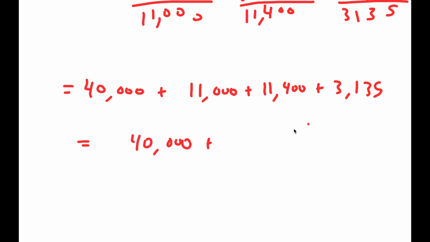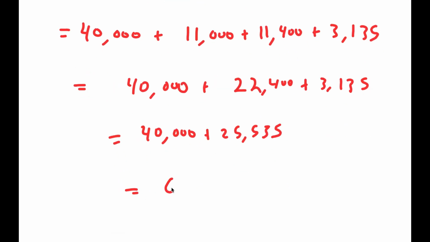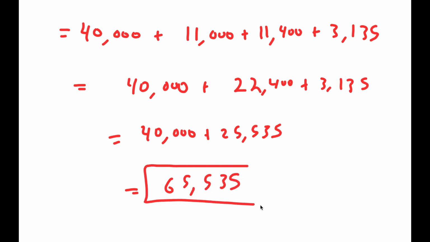And 22,400 plus 3,135 is 25,535. So 40,000 plus 25,535 is equal to 65,535. So this is my answer.